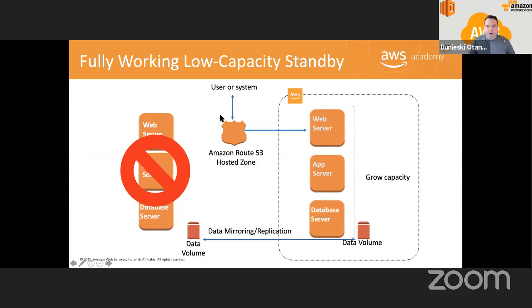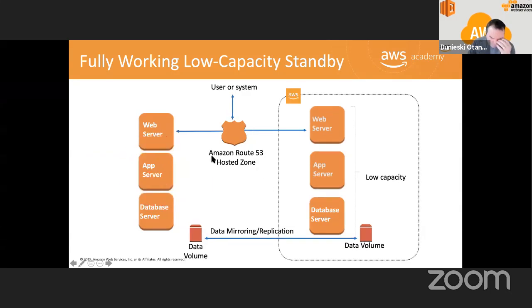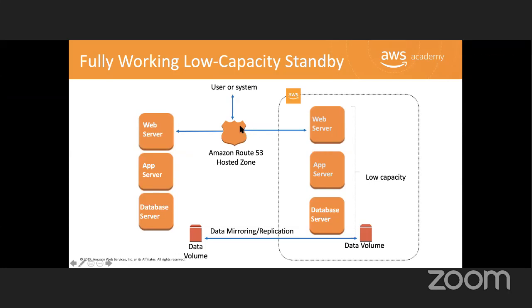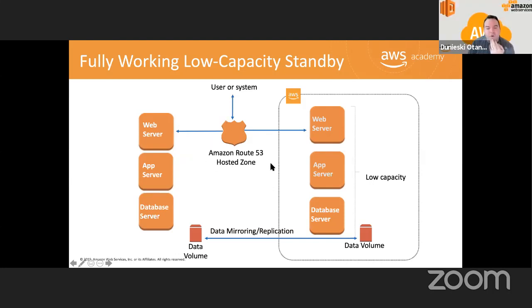What is the routing policy that Amazon Route 53 will use for this? Remember, did I speak about the 7 routing policies of Route 53 in this class? No? Yes? So what is the routing policy that Amazon Route 53 will use here?